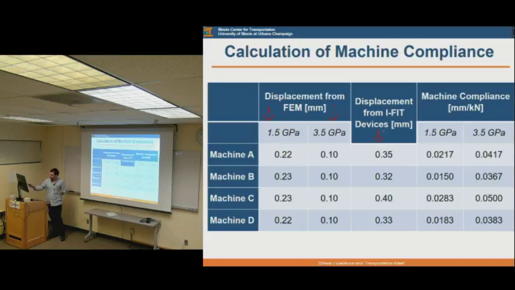Then using these 3, we can actually come up with a range of machine compliance that can be scaled to different testing materials, because we don't really care about these numbers. We just really care about the range, if that makes sense to you, because we can scale it when we want.